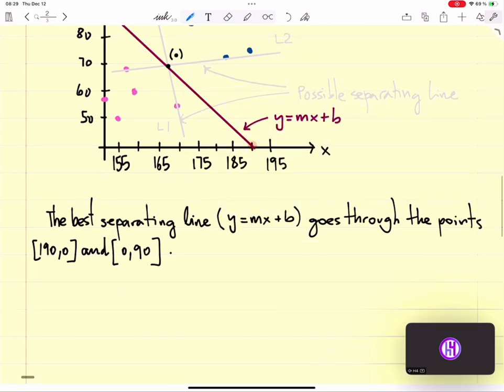One thing you need to know is the equation of a line that goes through 2 points. So this you need to know. I paint you my little exclamation mark here.